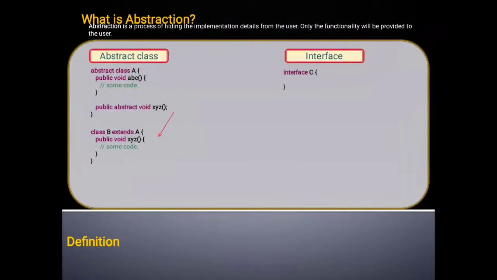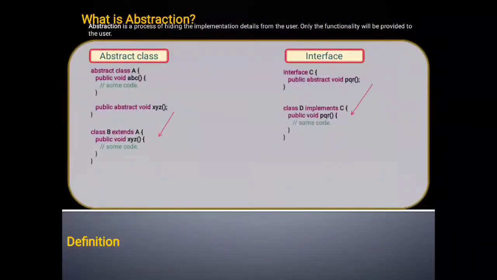Let's say we have an interface C which is having a public method like PQR. That particular method is an abstract method. In class D we are going to implement that method like this. So you are going to override that PQR method in your code.